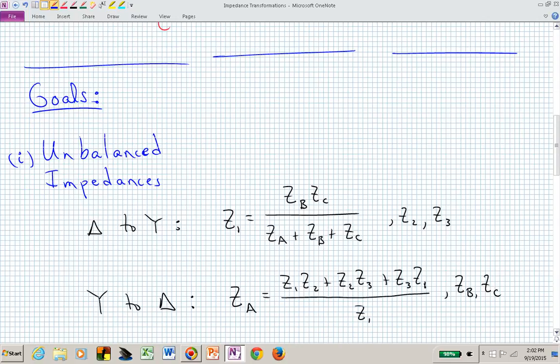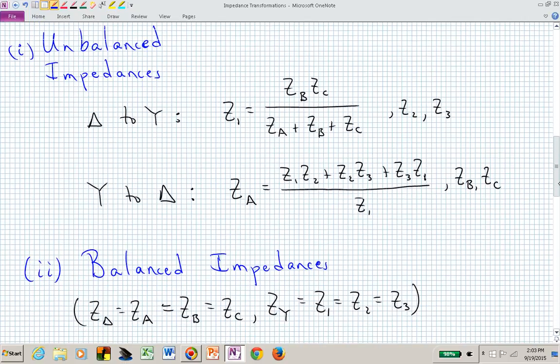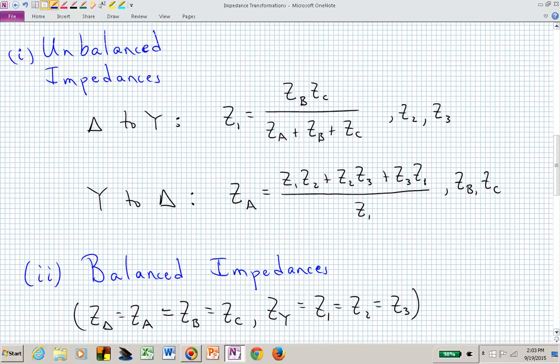That's sort of a way to think about where these formulas might be coming from if you had to memorize them.